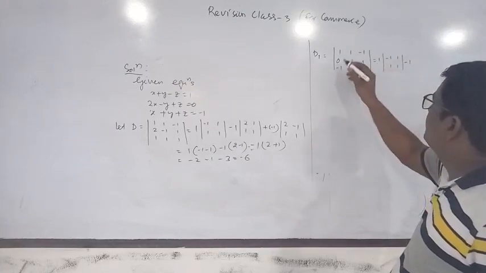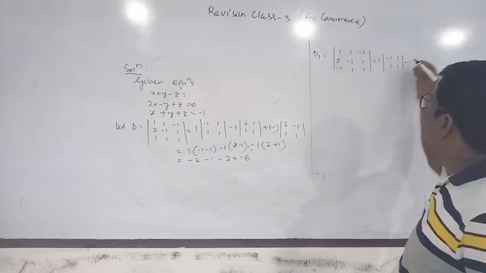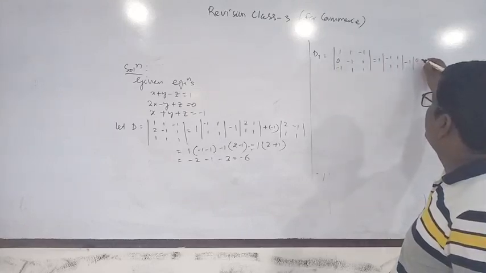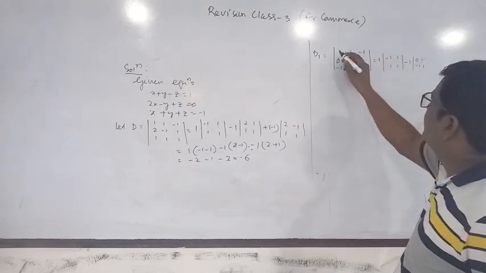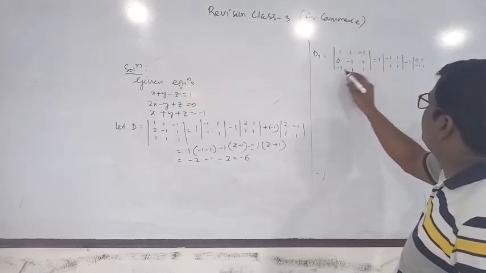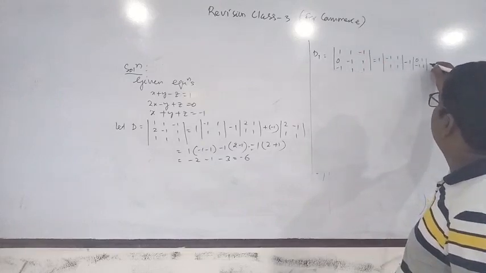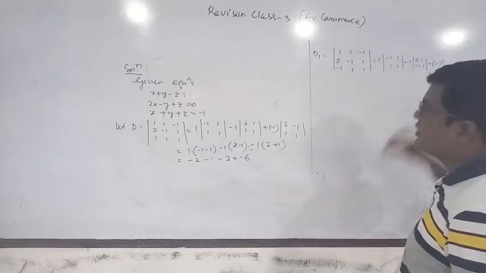Minus 1 into, got this and this. This is 0 1 minus 1 1, right? This and this goes as 0 1 minus 1 1. Again plus or minus 1 into, got this.